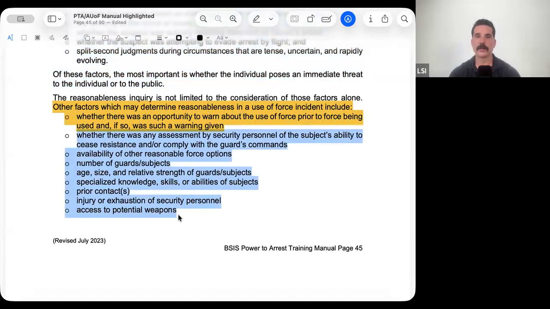Whether there was any assessment by security personnel of the subject's ability to cease resistance and/or comply with the guard's commands, availability of other reasonable force options, a number of guard subjects, age, size, and relative strength of guard subjects, specialized knowledge, skills, or abilities of subjects, prior contacts, injury or exhaustion of security personnel, access to potential weapons.